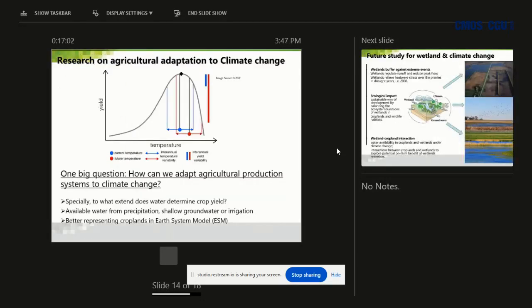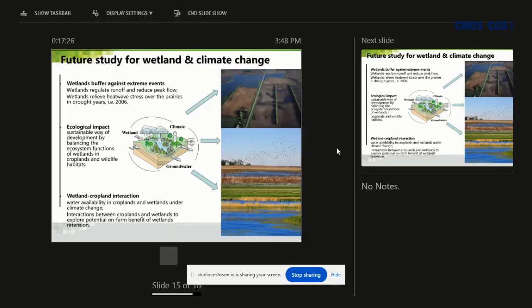Okay, so with this powerful coupled modeling platform, we are able to look at climate adaptation and at the future, to what extent water determines the crop yield, where the water will be found from, and better improve the Earth system model.